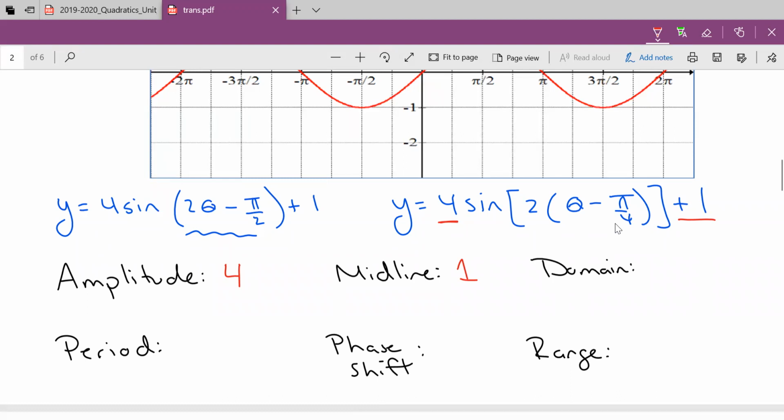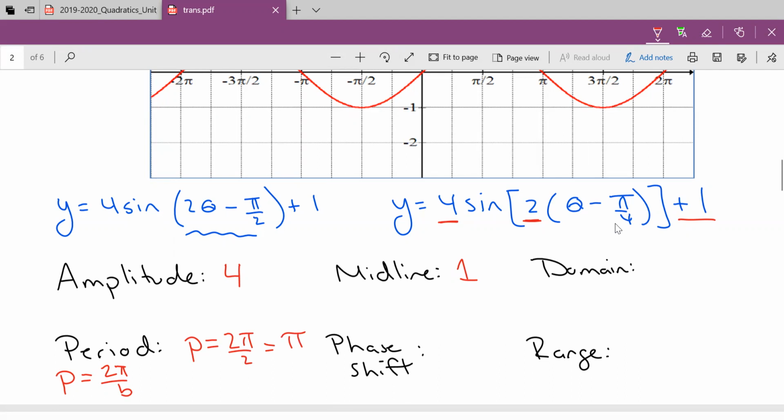Period. Remember 2 here, our B value, is not our period. It's our horizontal stretch. So the little formula that a lot of people really like, which is not on my formula sheet, is 2 pi over b. So I would say period is 2 pi over 2, which is pi, which makes sense.